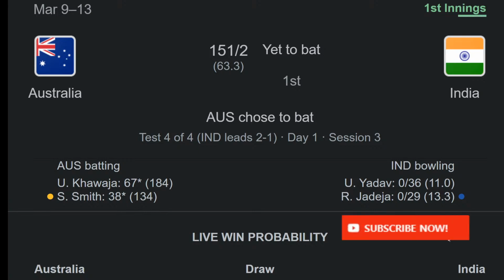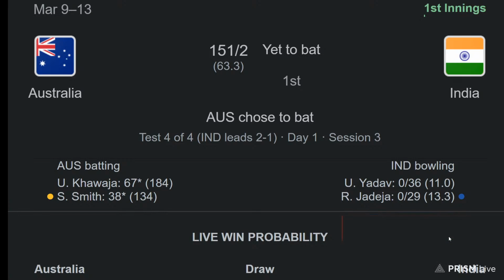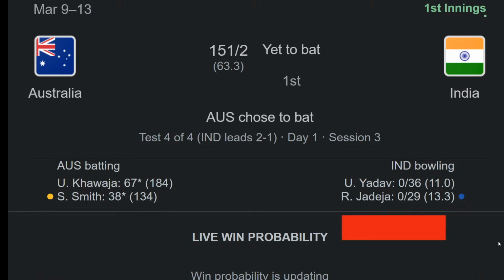Oh no! Smith bowled out, back to pavilion after scoring 38 runs. Bowled Jadeja after touching the ball.